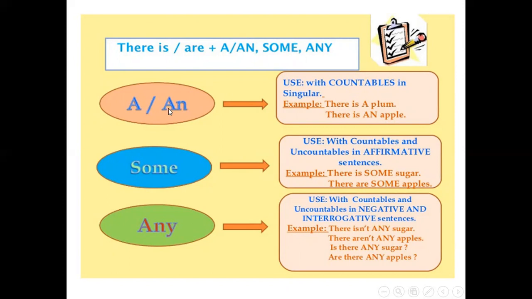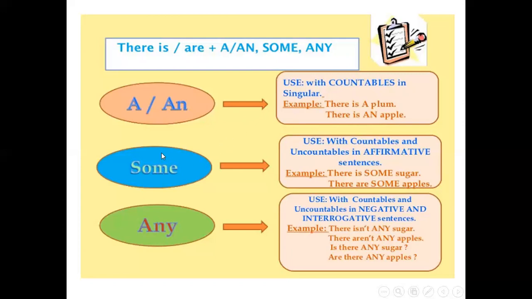I use a or an before a singular noun, and this noun should be a countable one. I can count it. For example, there is an apple. There is a tree.